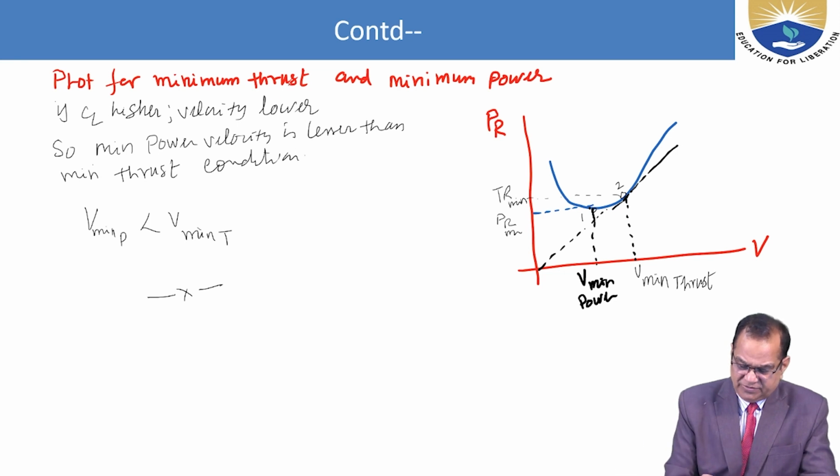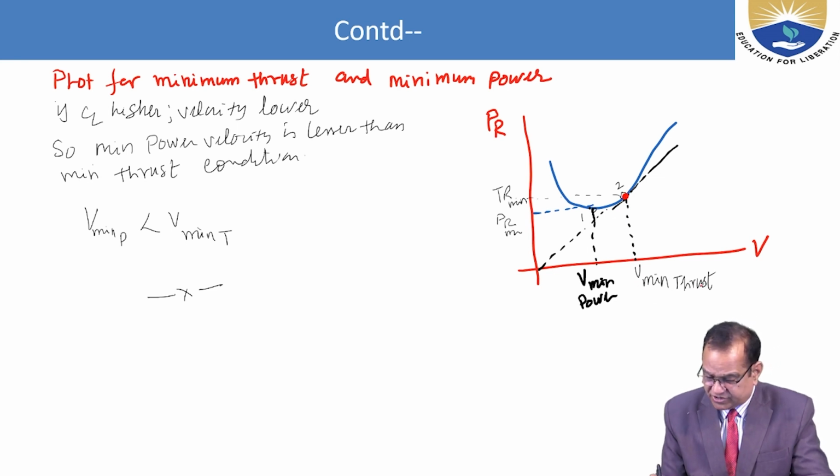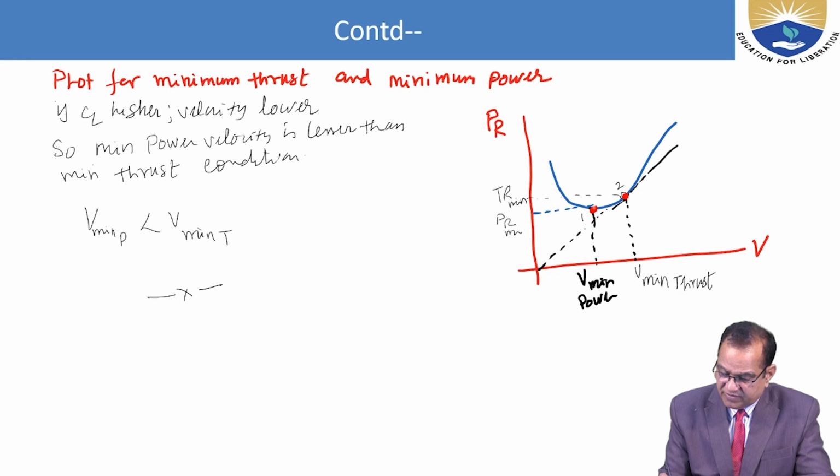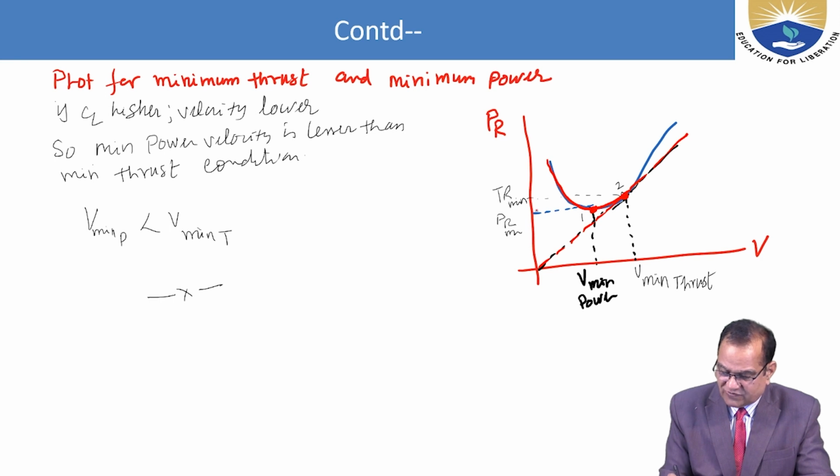Now the plot for the minimum thrust and the minimum power. If you see here, this is for the V minimum thrust and this is the V minimum power. If you draw this tangent from here, wherever it is touching, this is the minimum thrust, and the lowest value is for the V minimum power.